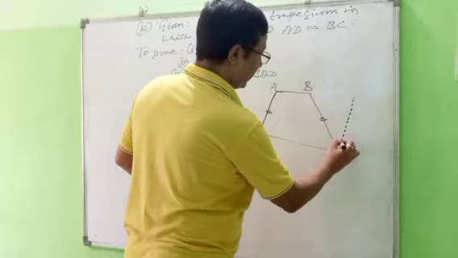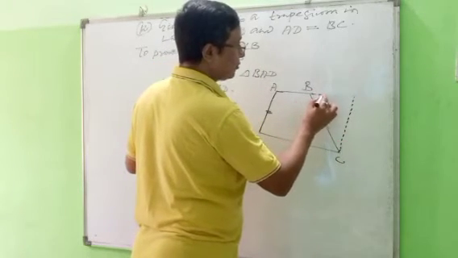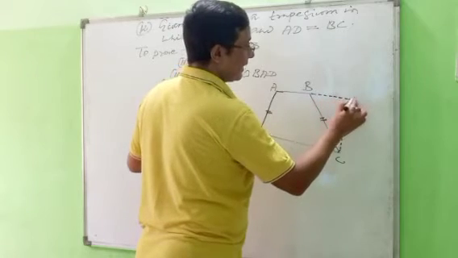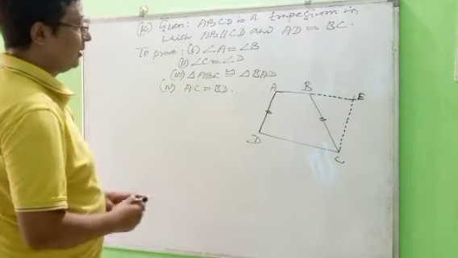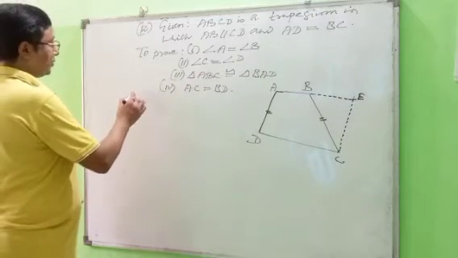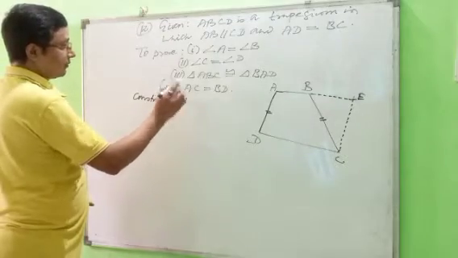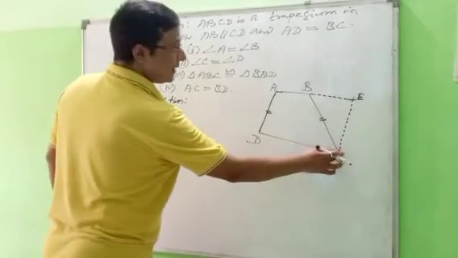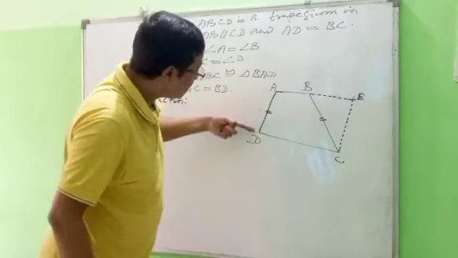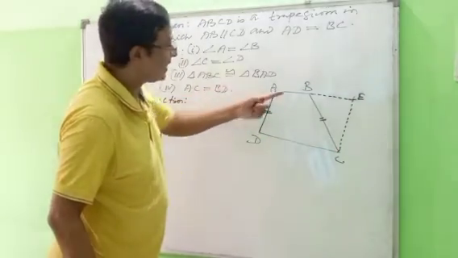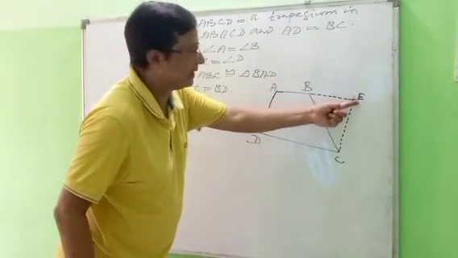Now that will meet the side AB produced, extended, say at point E. Now here you will write construction.